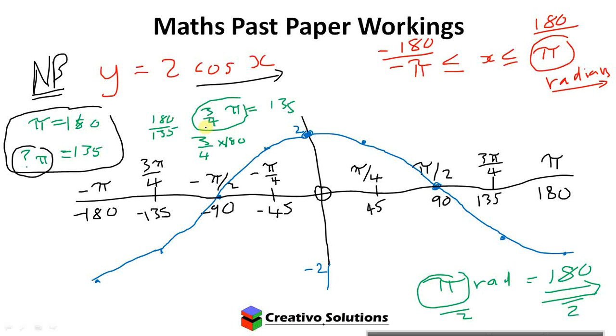So 3 over 4 times 180 gives me 135. So 3 over 4 pi equals question mark. What is pi? 180. So it's just playing with numbers to get those expressions with radians.